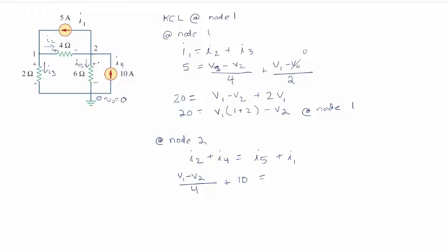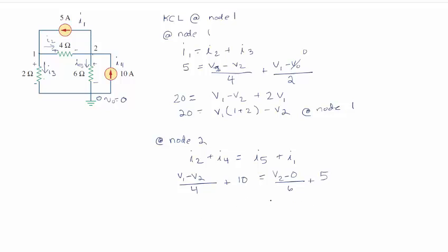So I5 is this one right here, which is voltage at 2 minus 0 over 6 ohms, plus I1, and I1 is 5 amps. So rewrite that equation, make it prettier.